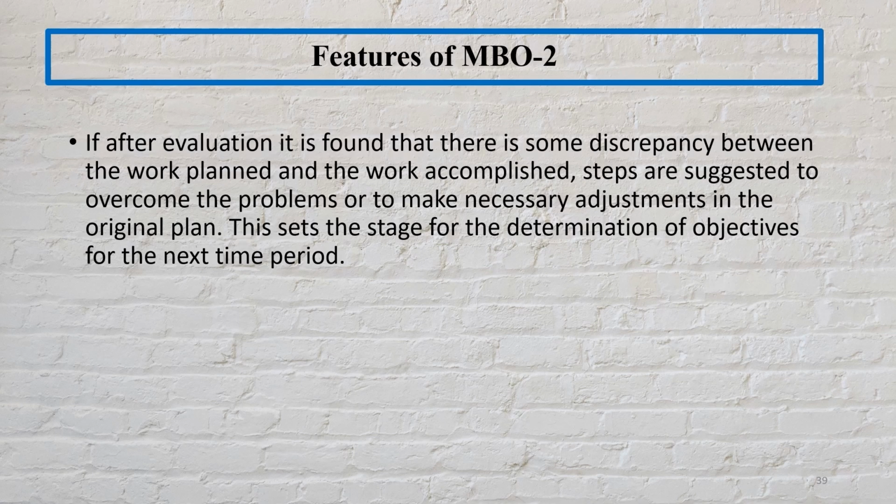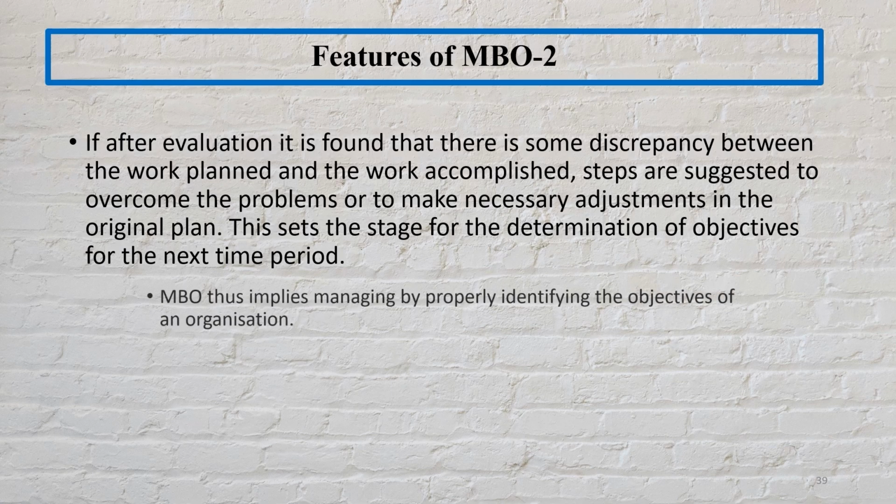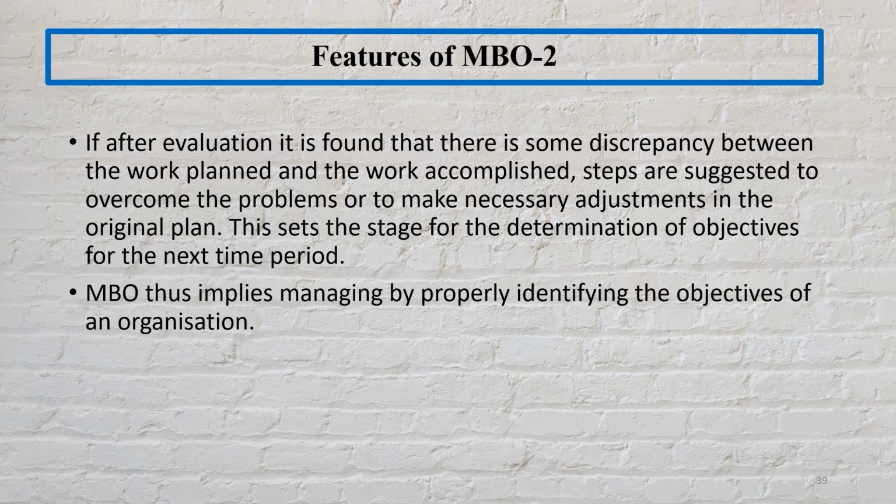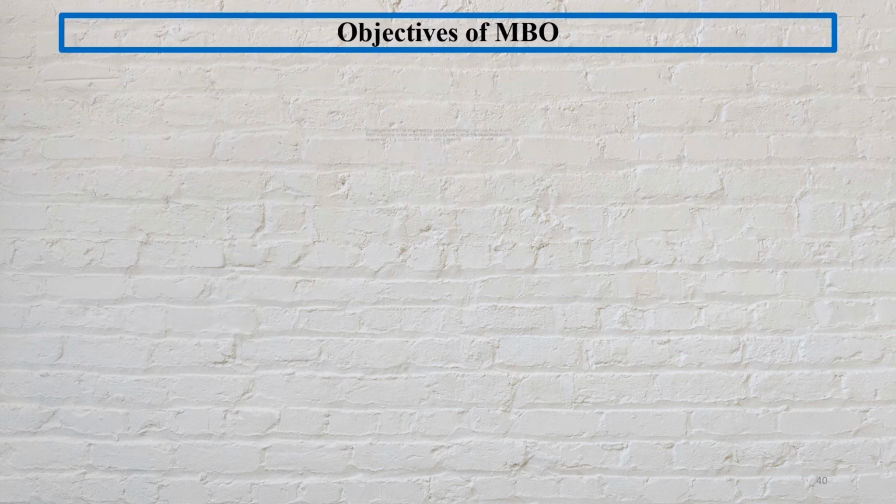If after evaluation it is found that there is some discrepancy between the work planned and the work accomplished, steps are suggested to overcome the problems or to make necessary adjustment in the original plan. This sets the stage for the determination of objectives for the next time. MBO thus implies managing by properly identifying the objectives of an organization.